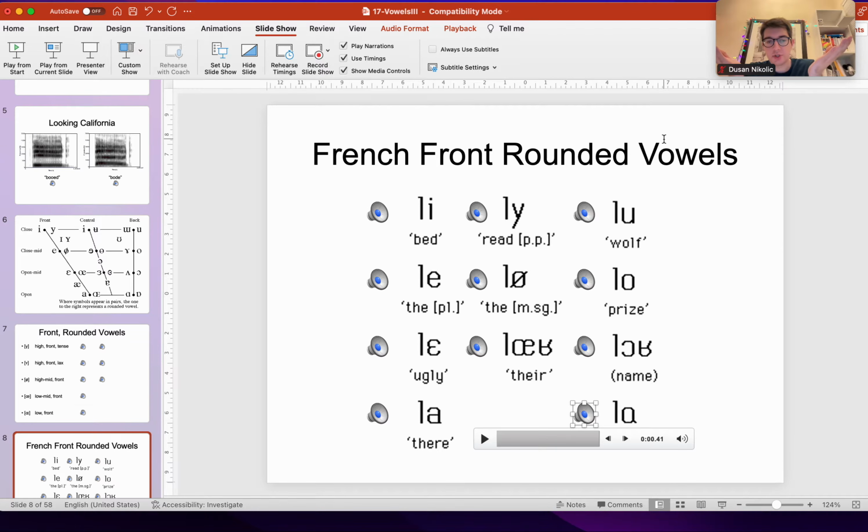in different languages in the world, for English this might be even further back than it is for French, but for French it might be a bit to the front. So different languages of the world will have a little bit different vowel charts, right?